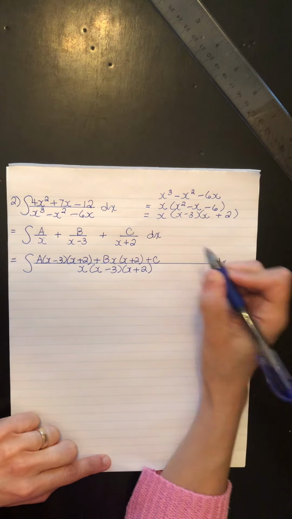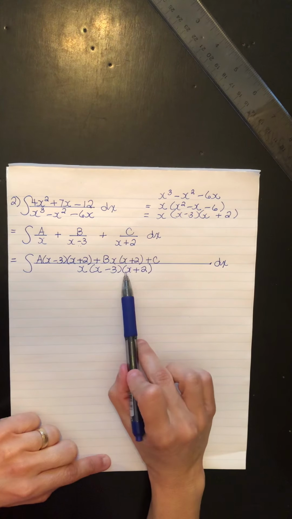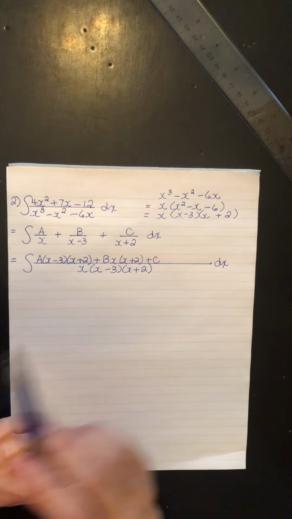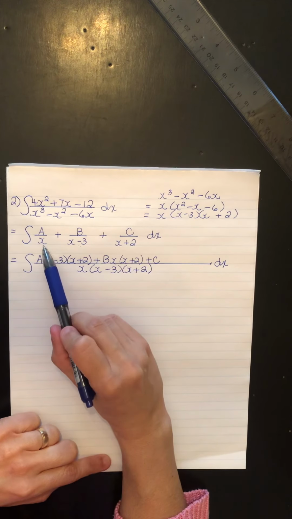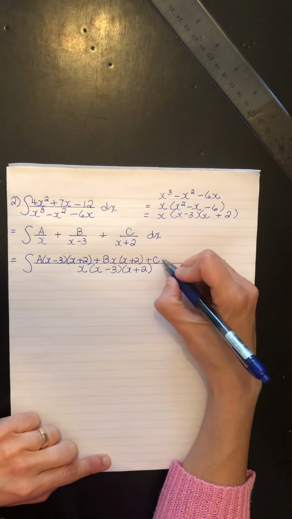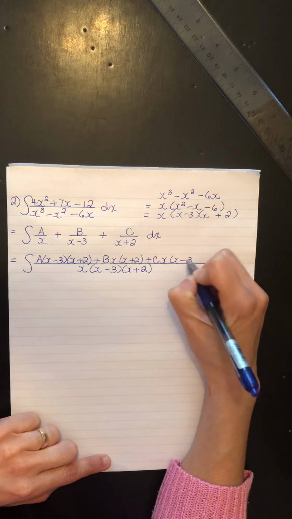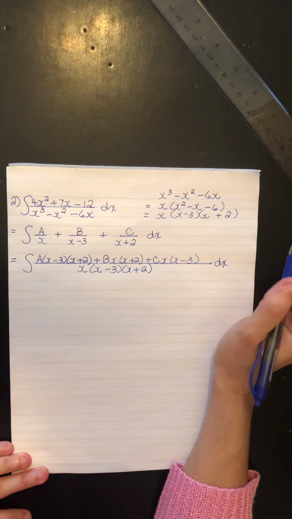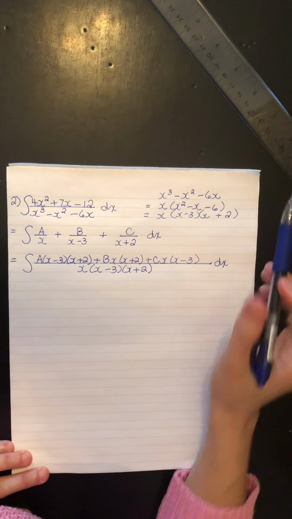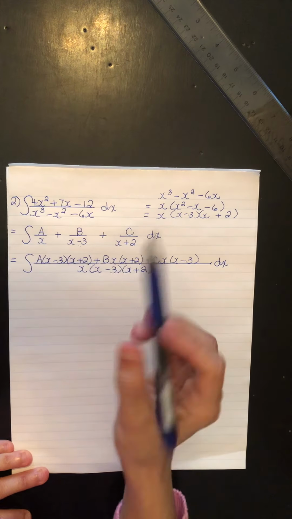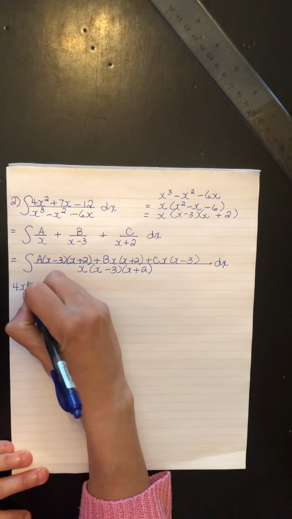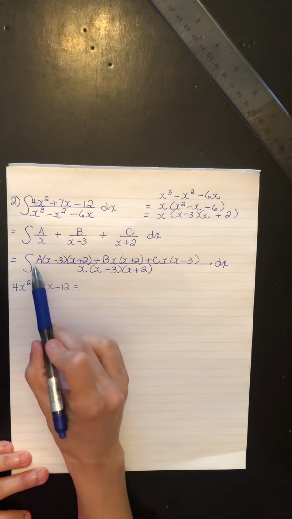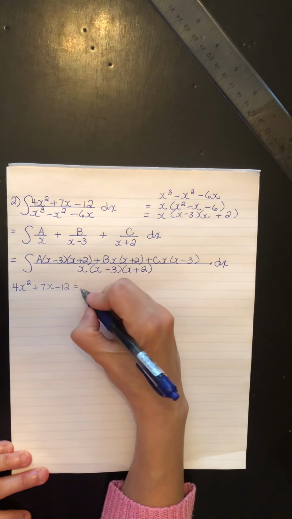Finally, C has the x plus 2 under it currently, but is missing the other 2 factors. So it needs to be multiplied by x and x minus 3. So the equation we use to determine A, B, and C will look like this. We take our original numerator and we set it equal to this numerator.